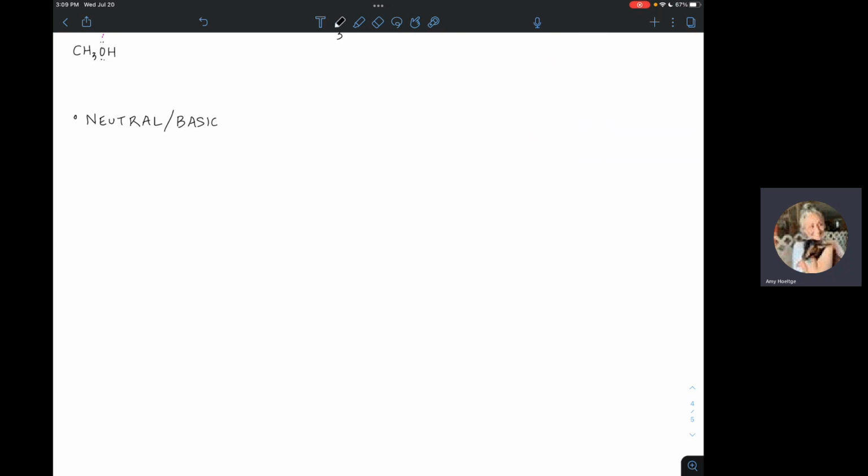So we're going to take our molecule again, and we're going to do this under neutral or basic conditions. If I do this under basic conditions, I can take maybe methoxide. Remember, small negatively charged molecules can also act as nucleophiles.